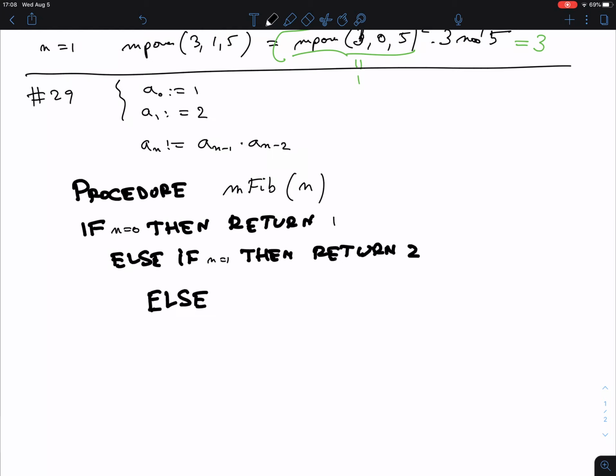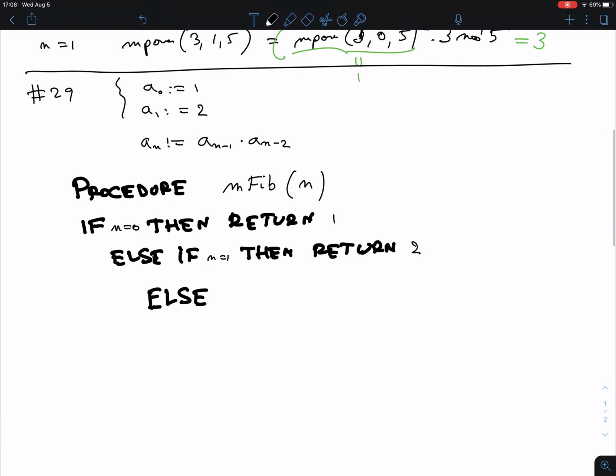If n is 1, then return 2. That should not have been in boldface. By the way, it is very cumbersome to do this boldface, so you guys don't have to do that. You can just write regular text, or perhaps caps. But okay, so this takes care of this part.